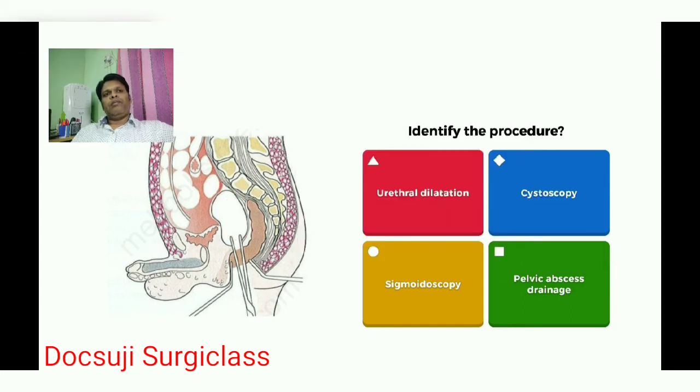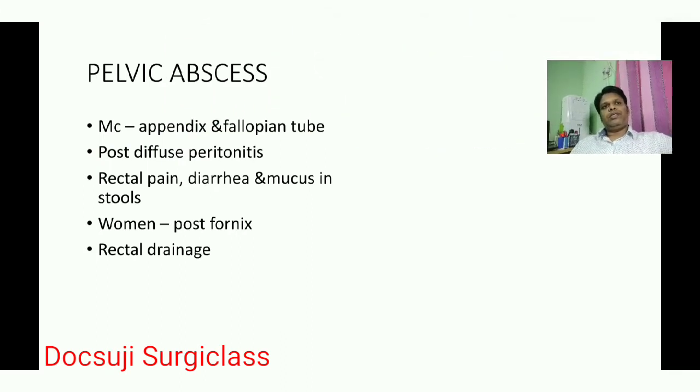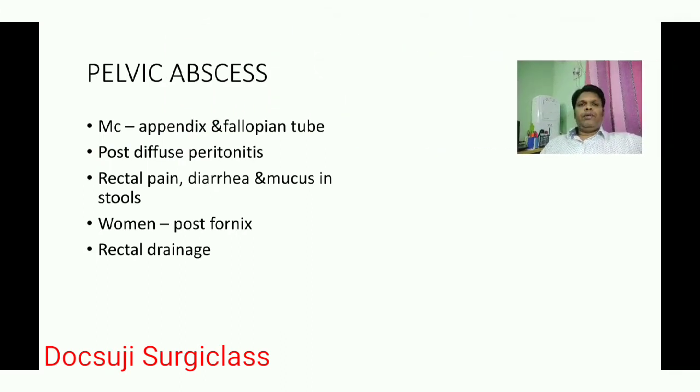We will discuss some points about the pelvic abscess. What is this pelvic abscess? Pelvic abscess is the commonest abscess you will get, because of the presence of the appendix, if you have the appendix in pelvic position, and the fallopian tube. That is one of the commonest causes of infection in the pelvis.